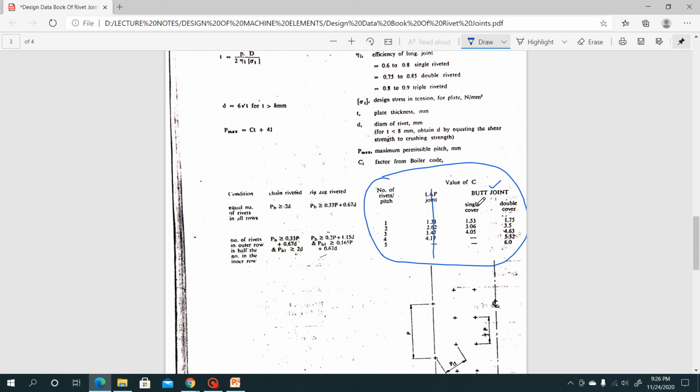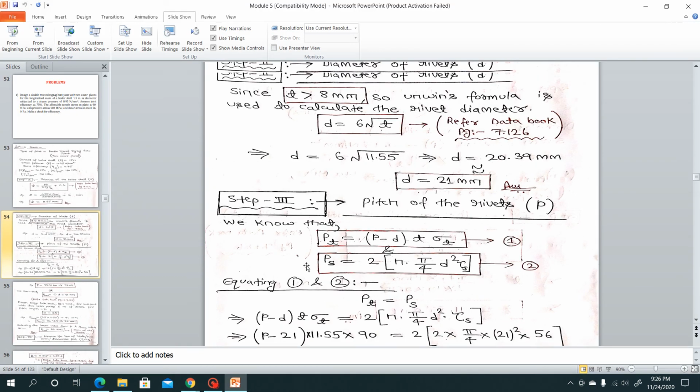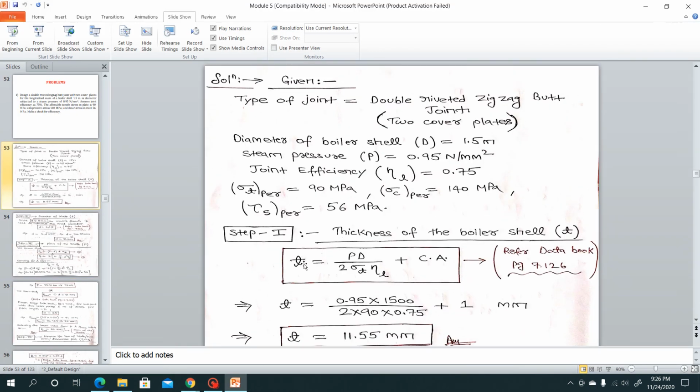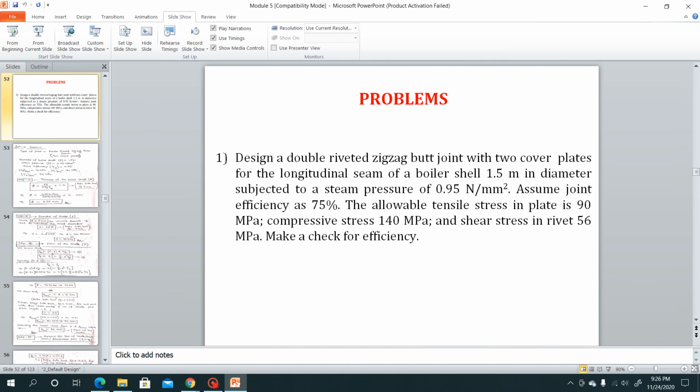In butt joint, two options are available: single cover and double cover. Let me check our problem, which cover is given: design a double riveted zigzag butt joint, two cover plates, that means double cover.